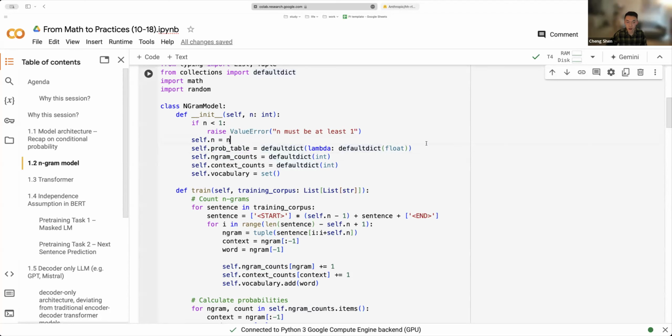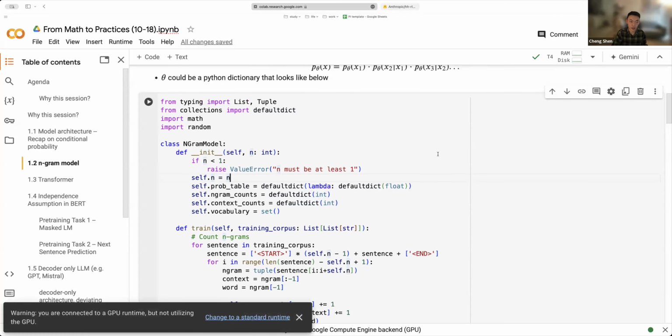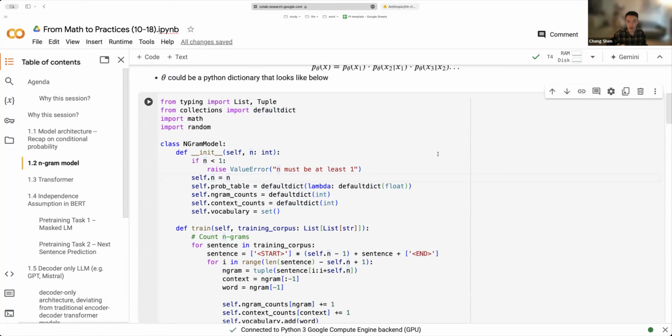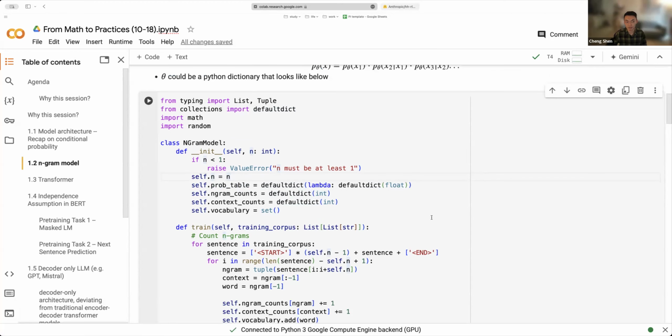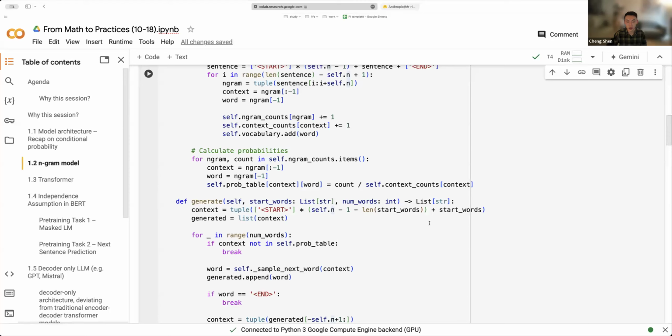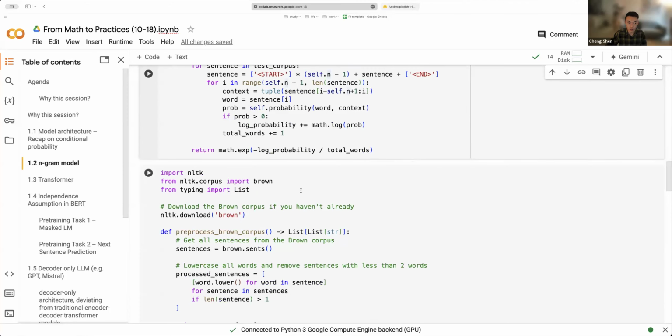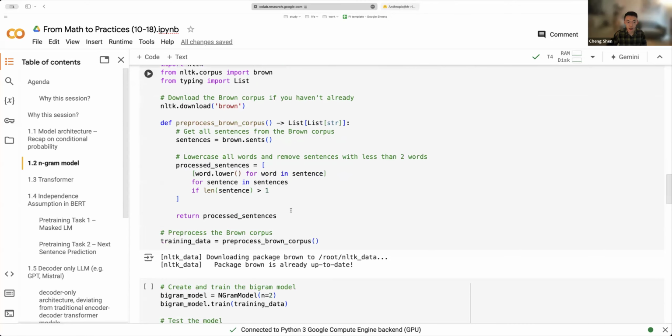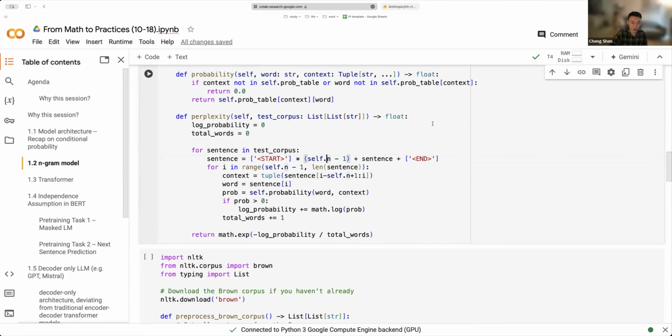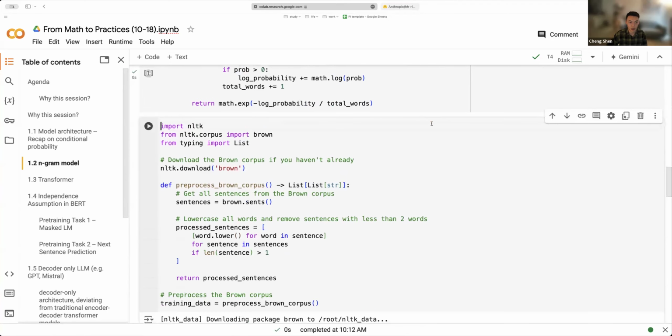They are basically used to map, given a prefix token like today, the probability of all different tokens that would follow the token today. This is a very basic language model. If we can run this and train the model, let's give it a try. Hopefully it's not taking too long to set up.